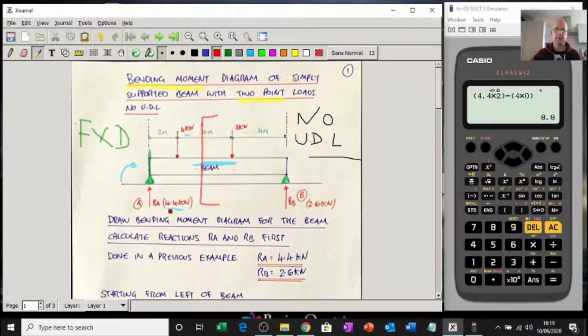I can see this 4.4. That's still going clockwise, and I'm 4 meters away from it. I can now see this 4 because I'm 2 meters away from it. It's going to go anti-clockwise, so I'm going to have a negative number there. So it's going to be 4.4 times by 4, and then it's going to be 4 times by 2 going anti-clockwise.